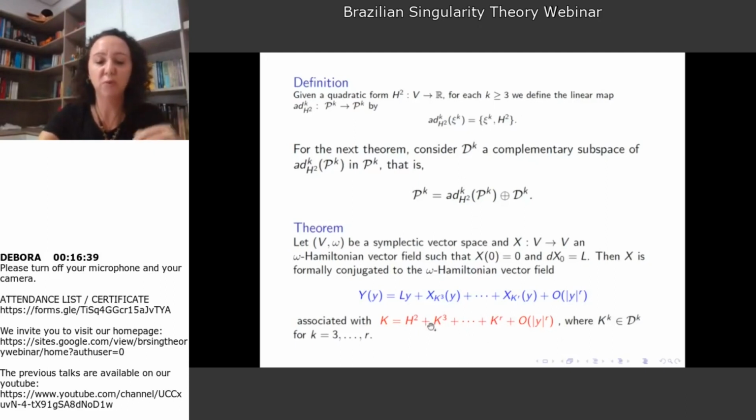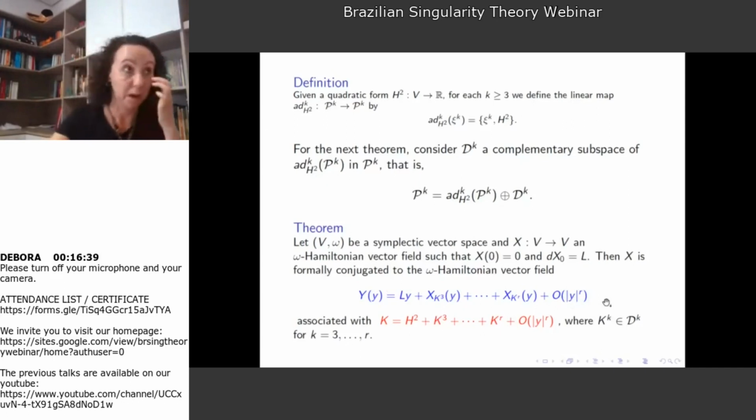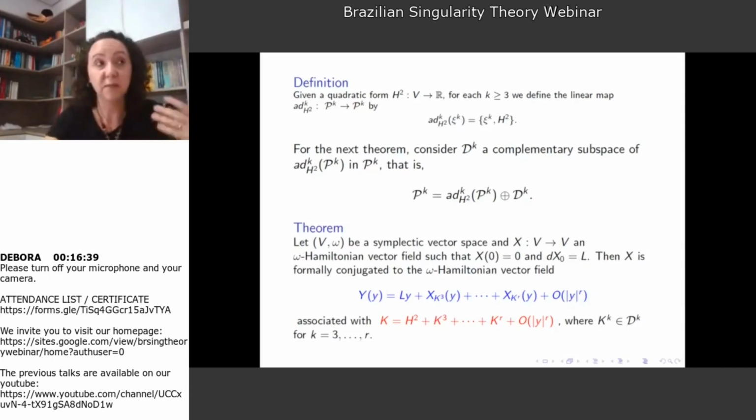Then we have a normal form of the function K. The vector field associated to this function is a normal form of the vector field, so the vector field is formally conjugate in this way. In some sense, it is a good technique to obtain a normal form of the vector field, because we obtain a normal form for functions, and as a consequence, a normal form for the vector field.